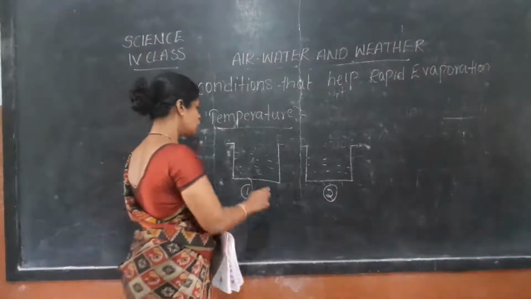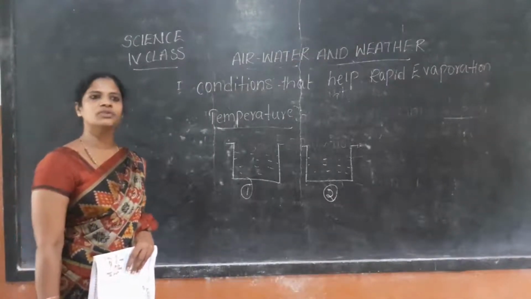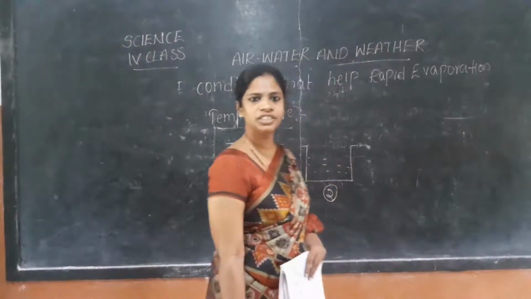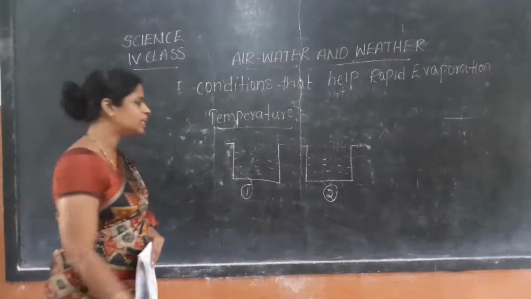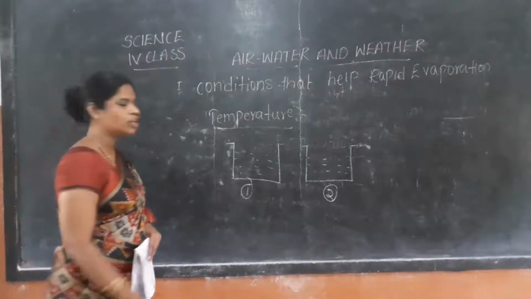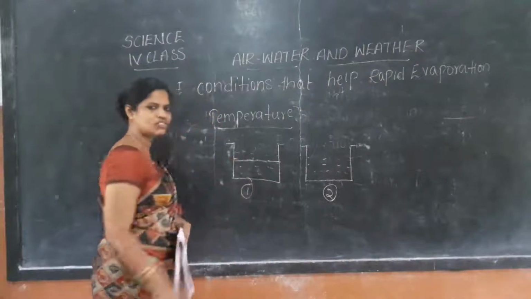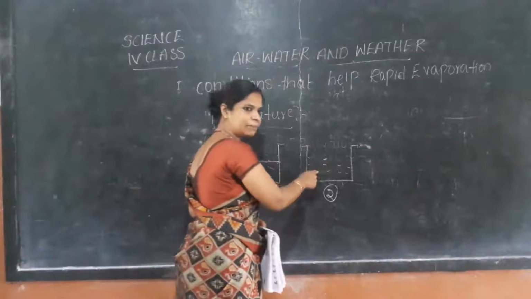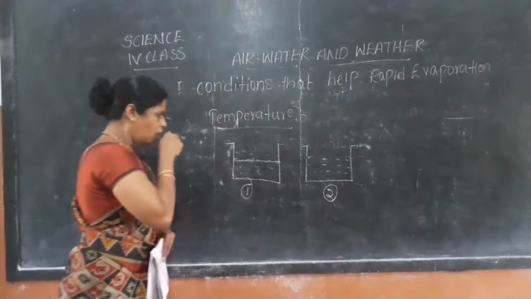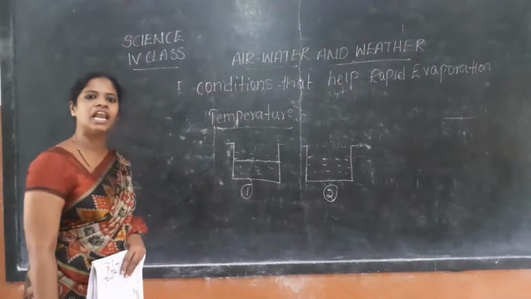Okay students. So what is your observation after 2 to 3 hours? You will observe that in the beaker which is in the sunlight, the amount of water gets reduced. But in the beaker which was kept inside the house, the evaporation takes place very little, and you will not see any decrease in the level of water.